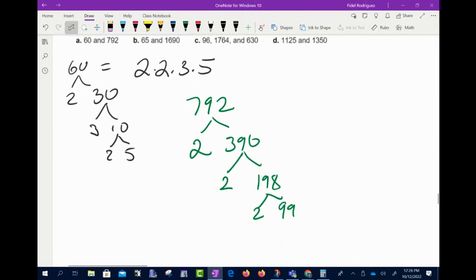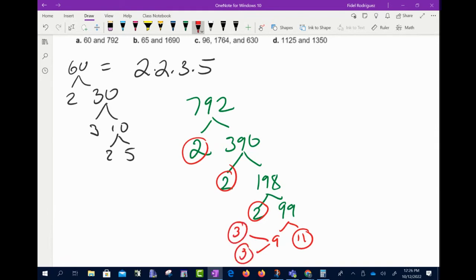Okay. Now, with 99, anybody have any ideas how we could break that down? 9 and 11. Okay. Now, I can't break down 11, and I can't break down those 2's. That's okay. But we can break down 9 into 3 and 3, right? So look, y'all, now I'm going to have 792.